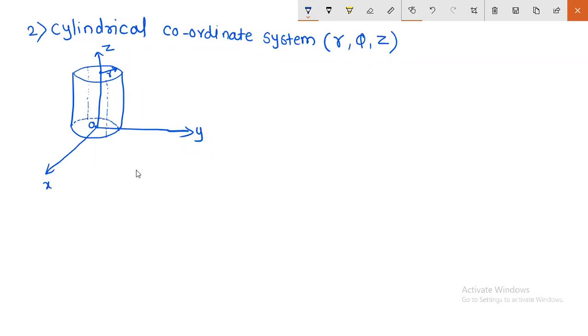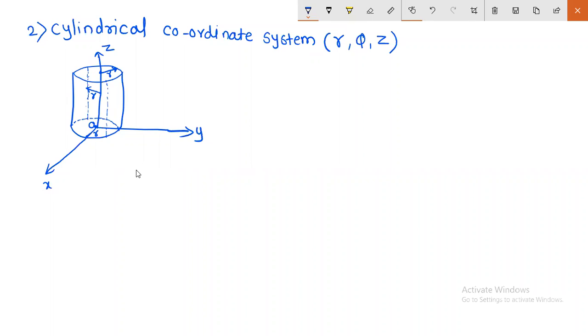From the central axis to the surface is nothing but the radius. So from the origin to this point is also your radius, and from the cylinder to this side is also your radius, because this z is your central axis. From the center to the surface, everywhere that will be your radius.